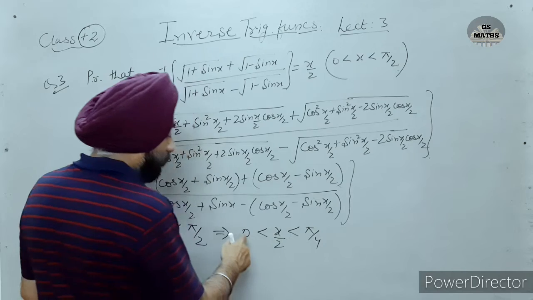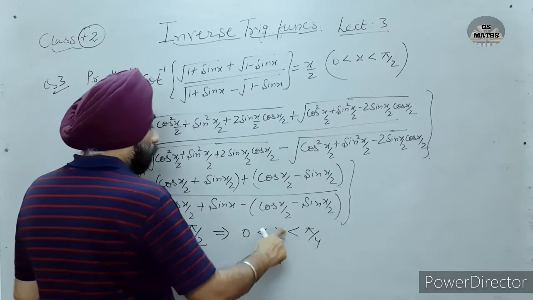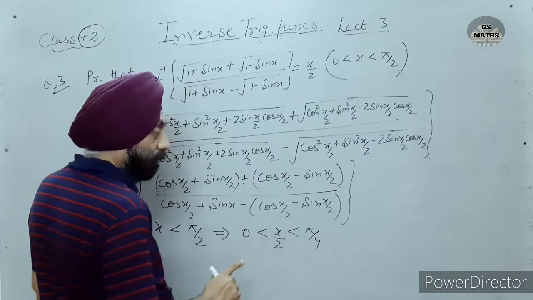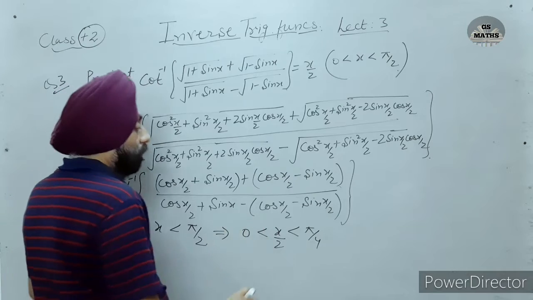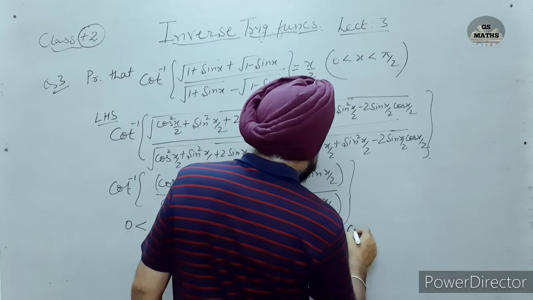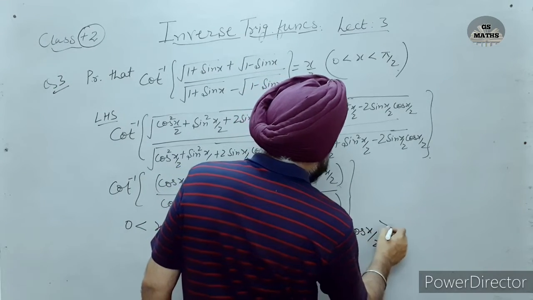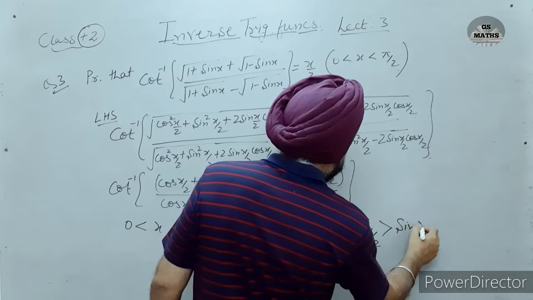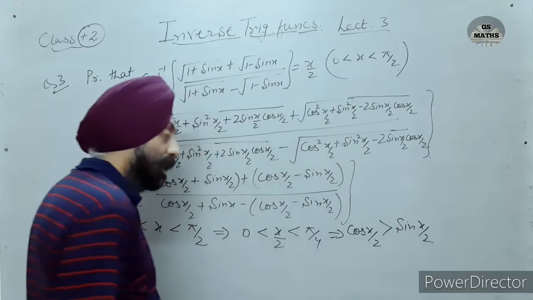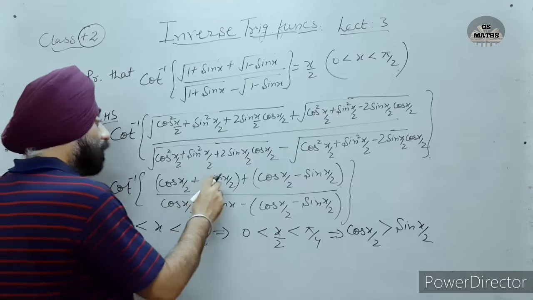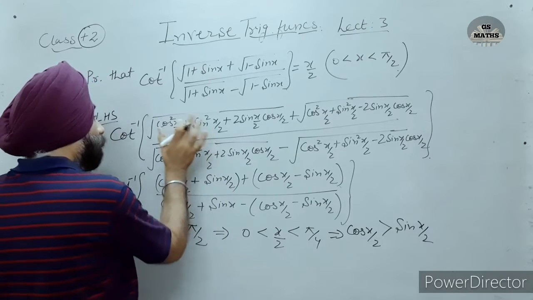Now x by 2 lies in the interval 0 to pi by 4. In 0 to pi by 4, cos x by 2 is greater than sin x by 2. That's why I have written intentionally cos x by 2 plus sin x by 2.